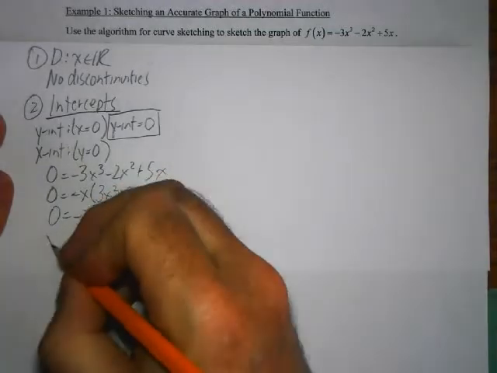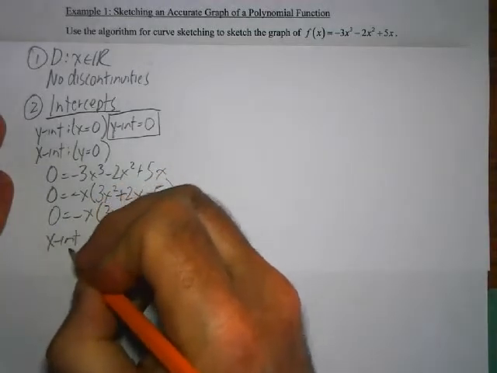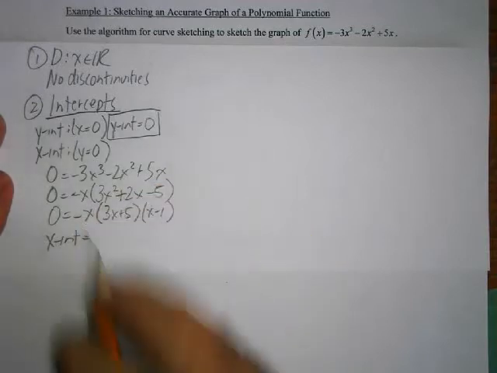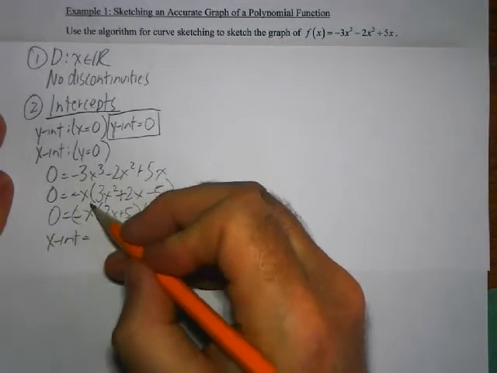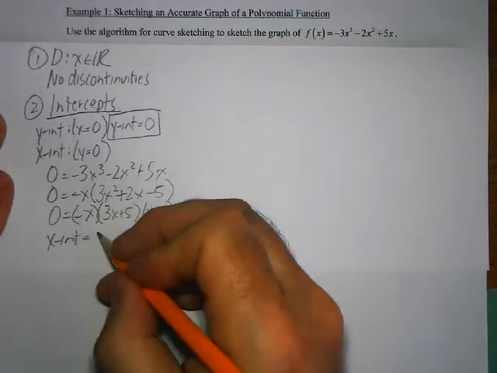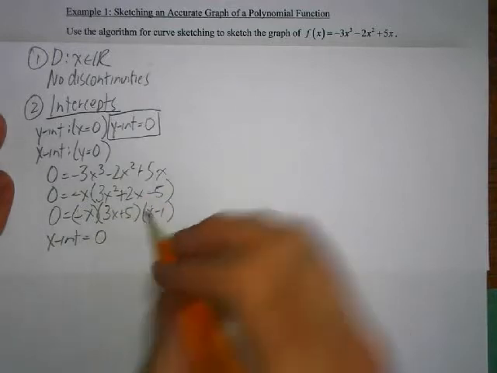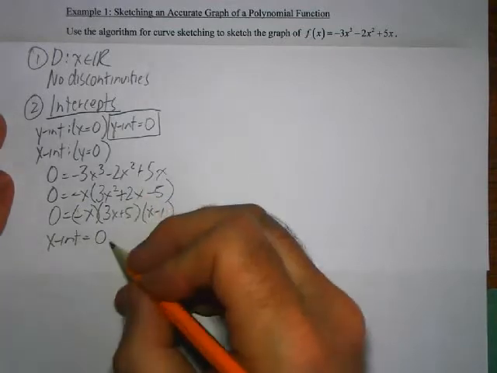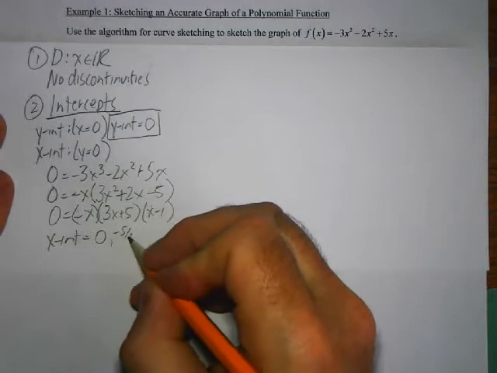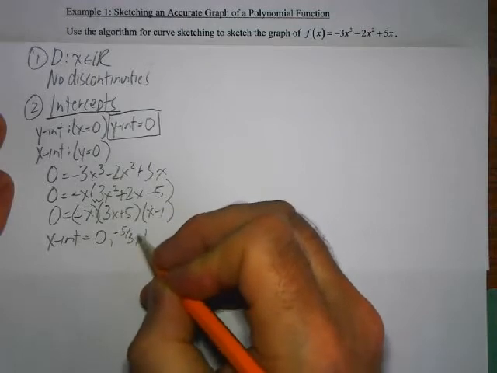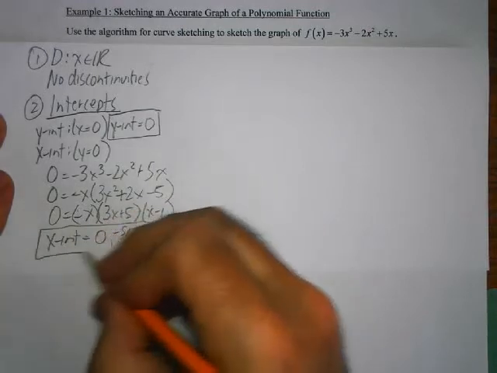And from this, you can get your x-intercepts. Don't forget about this. That means there's an x-intercept at 0. And here that would be negative 5/3. And this would be 1. So there's 3 x-intercepts.